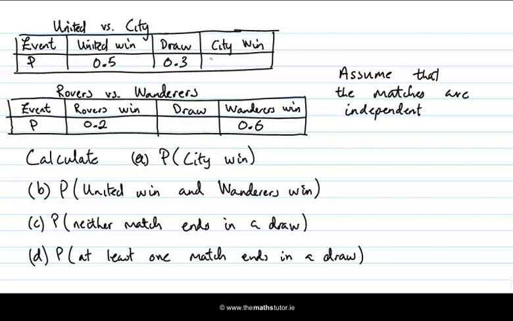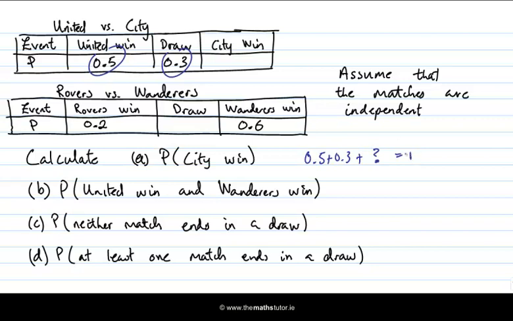the sum of all the probabilities of all of the outcomes must be 1. So whatever the probability of a City win is, it must be the number so that when I add up these three numbers, I'm going to get 1. So I need 0.5 plus 0.3 plus whatever my answer is has to be 1.